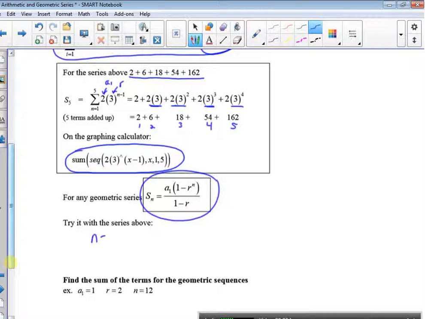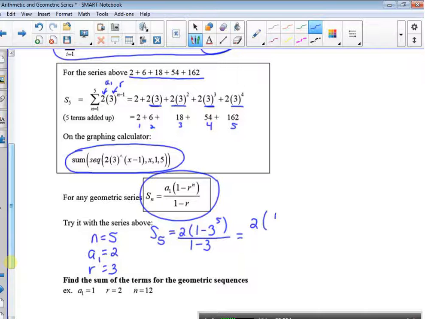So I know that n is equal to 5. So S sub 5 is equal to the first term, a sub 1 equals 2, times 1 minus r, which we found already, 3 to the 5th, all divided by 1 minus 3.